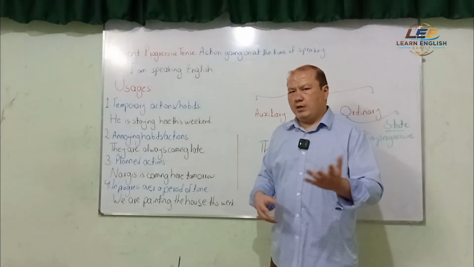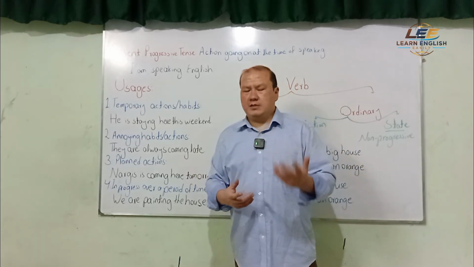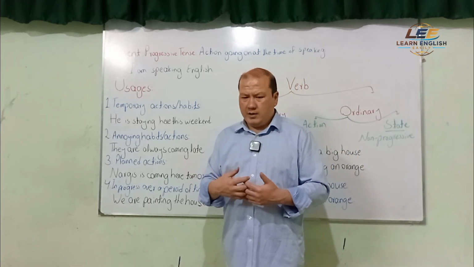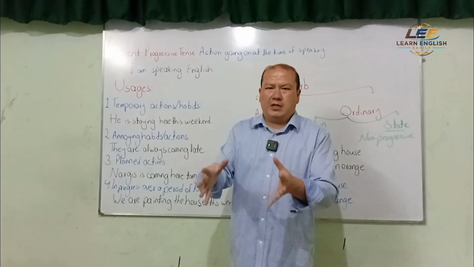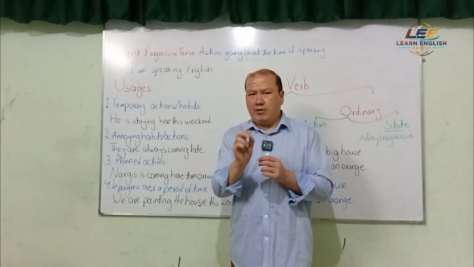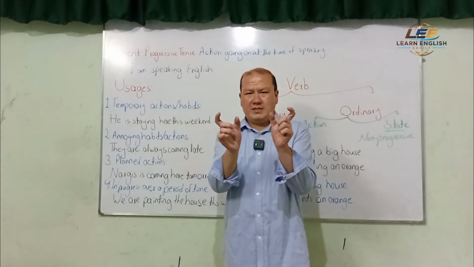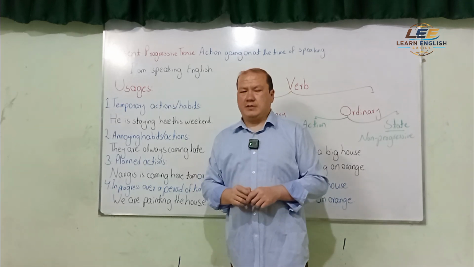They both have the same meaning, always and constantly. So when you want to show that this action is annoying you, irritating you, you must put the word always or constantly inside the sentence.